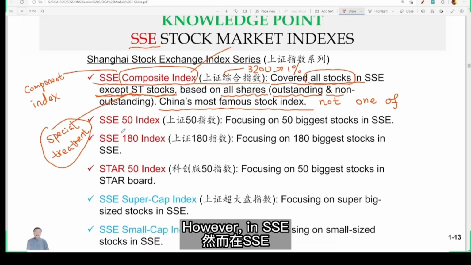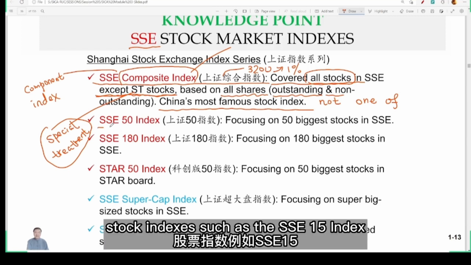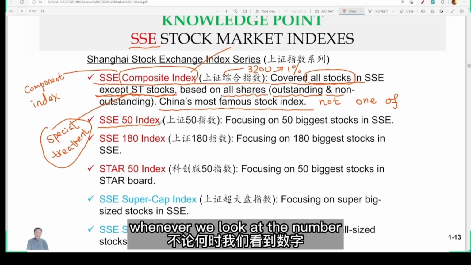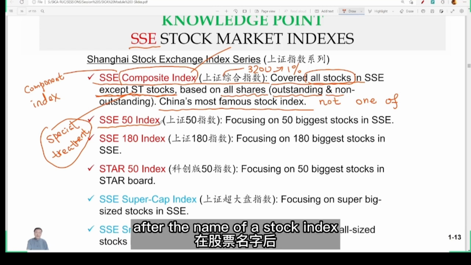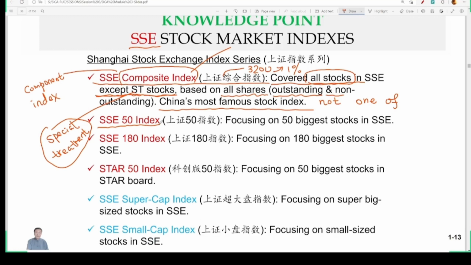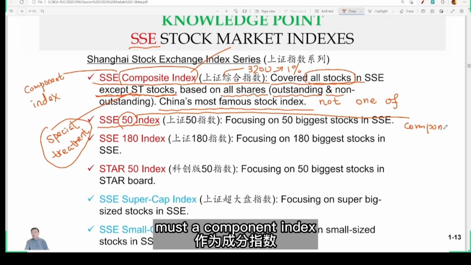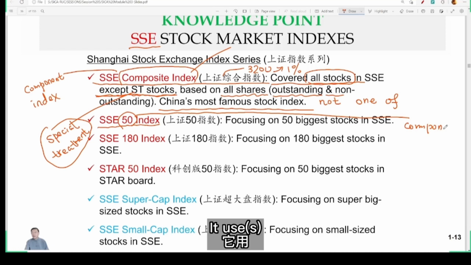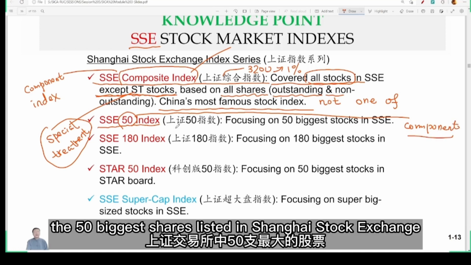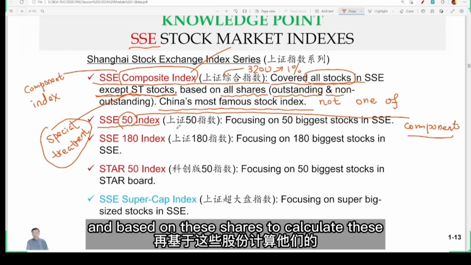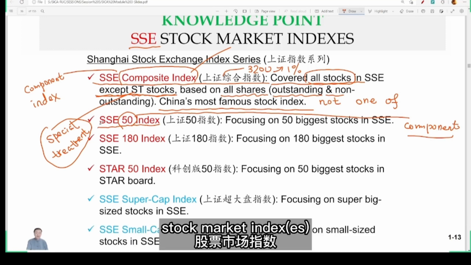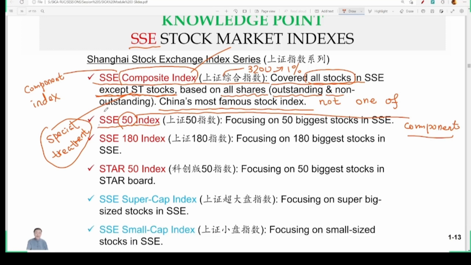However, in SSE, there are also other stock indexes, such as the SSE-50 index. Whenever we look at the number after the name of a stock index, it must be a component index. It uses the 50 biggest shares listed in the Shanghai Stock Exchange, and based on these shares to calculate this stock market index.